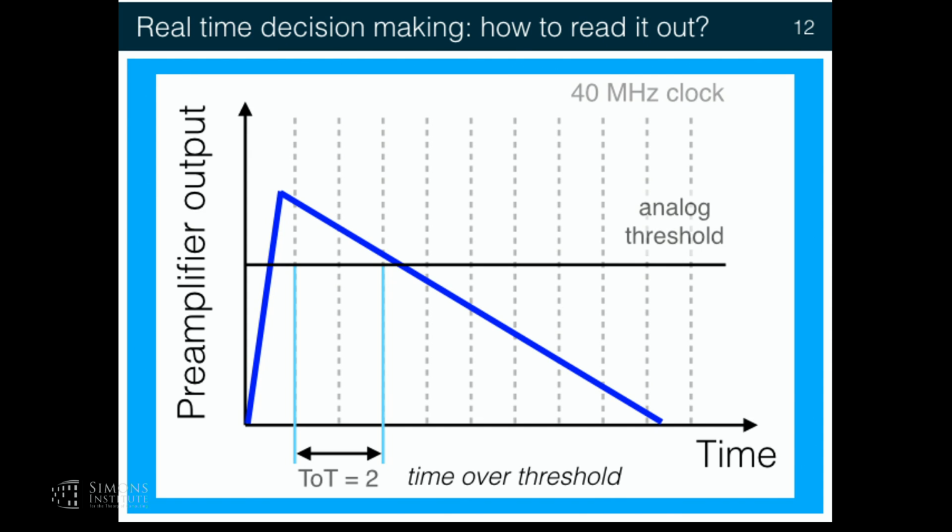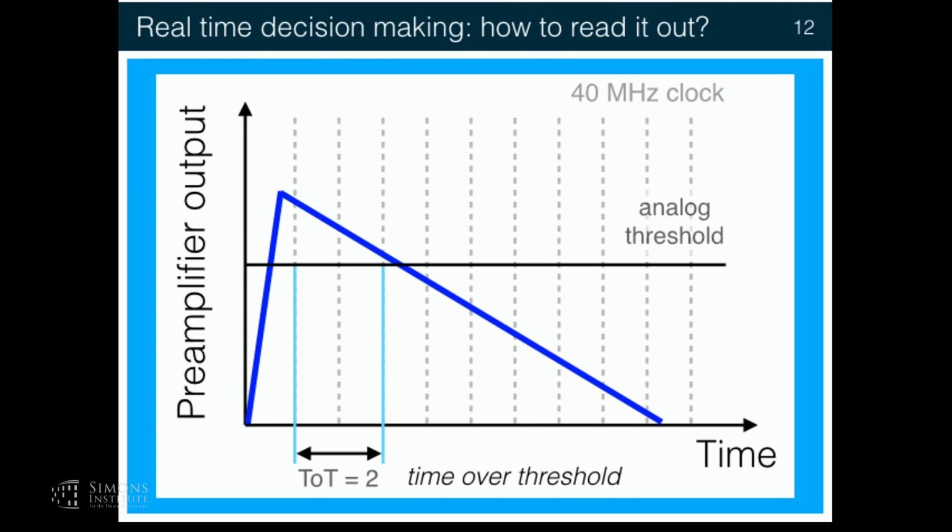We basically just count how long you are over threshold. By long, I mean these vertical dashed lines are 25 nanosecond bunch crossings, so everything is tied to this 40 megahertz clock that the LHC provides everyone. You can simply ask, how many bunch crossings was I over threshold? And that is proportional to the charge that was deposited. So it's a very simple method, the TOT method.